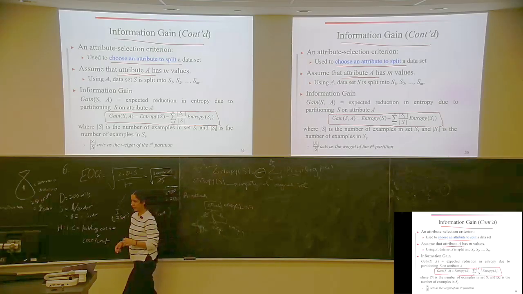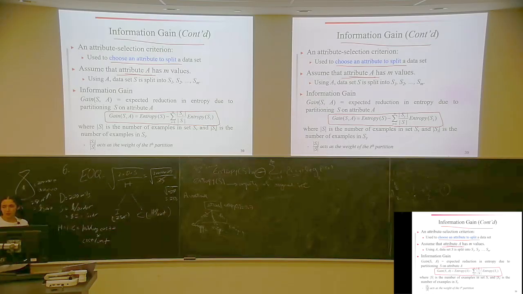Now, the information gain of S given attribute A is the entropy of your original set minus the sum of the weighted average entropies of each of these subsets. So this is the weight of the ith partition.